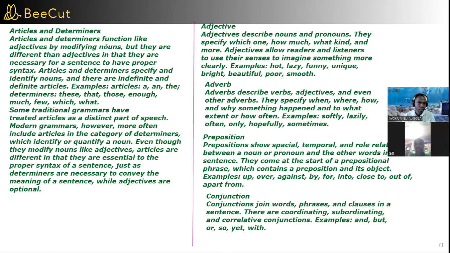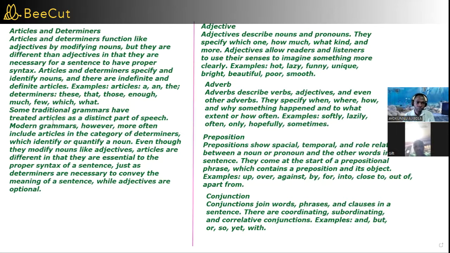Now, articles and determiners function like adjectives by modifying nouns, but they are different from adjectives in that they are necessary for a sentence to have proper syntax. Articles and determiners specify and identify nouns, and there are indefinite and definite articles. Examples are a, an, and the. Determiners: this, that, those, enough, much, few, which, what. These are determiners.